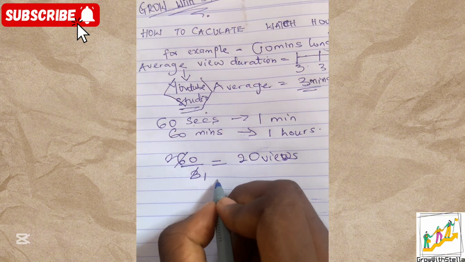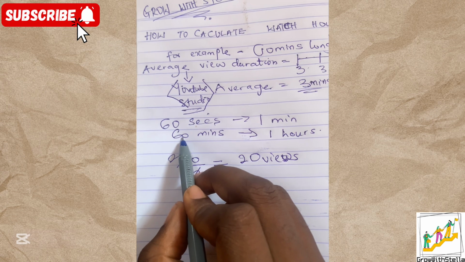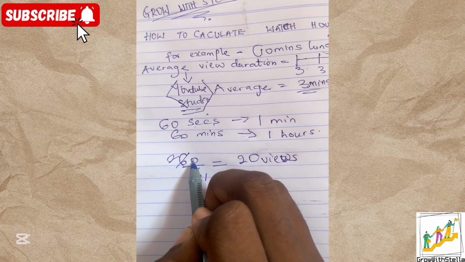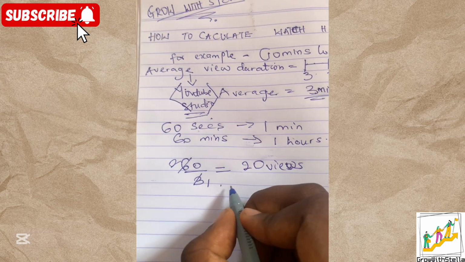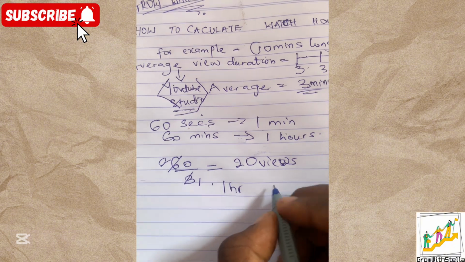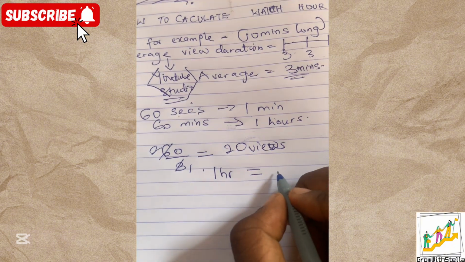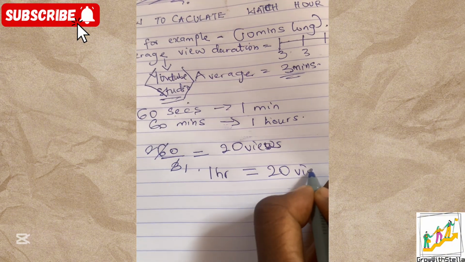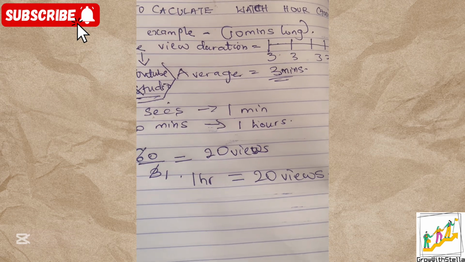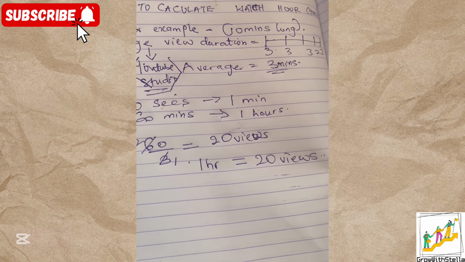So in 1 hour, you can see this is minutes. That is why we use 60, because we want to convert it to hours. So in 1 hour, Stella is getting 20 views. Can you see? It's as simple as that.